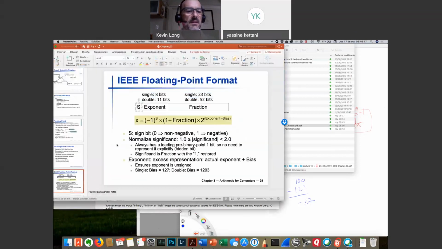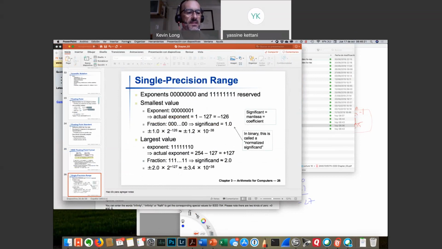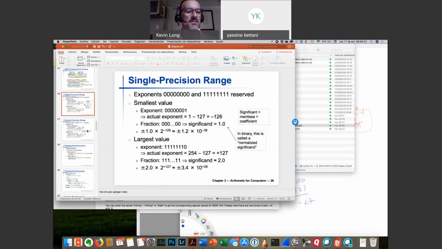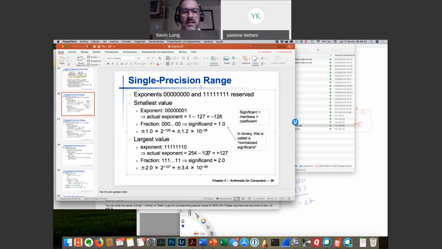We're getting a little bit deeper into this, and we're going to take a look at some other interesting anomalies today. We talked about single and double precision. In double precision, your bias is going to be different than it is in single precision. In single precision, the bias is 127. It never changes. It's always 127 on any system.